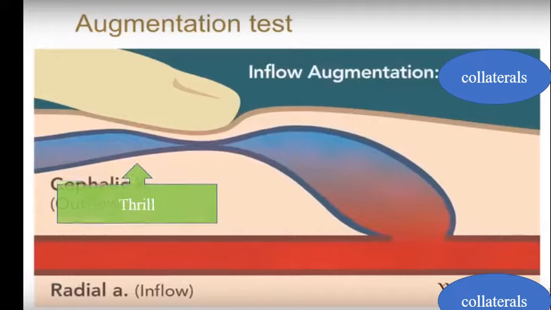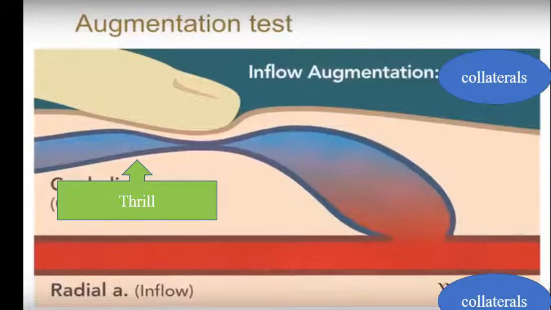If you do the test and you find after closure of the vein that the thrill is still present, this means that there are other collaterals which carry the blood to the fistula after the usual opening. So if you close and you still feel thrill after your finger, this means that there are collaterals taking the blood to the vein after this, and this causes inadequate or insufficient hemodialysis.